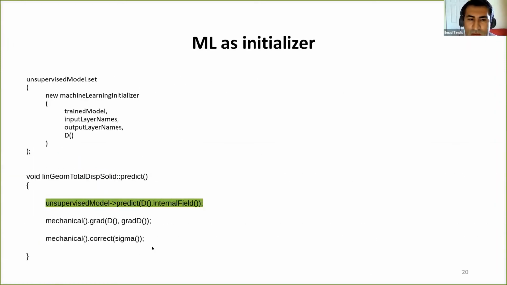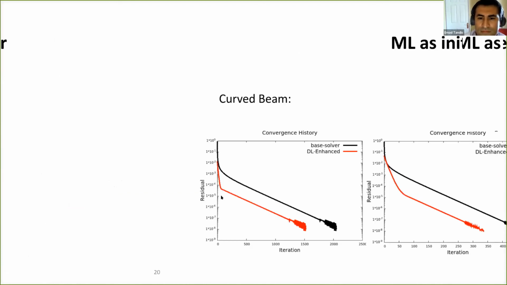So I have applied this machine learning model as a predictor in SolidWorks. In each solver in SolidWorks, you have a function called predict. In order to use that, we just put this piece of code here: model.predict the internal field. So it's a very clean implementation.